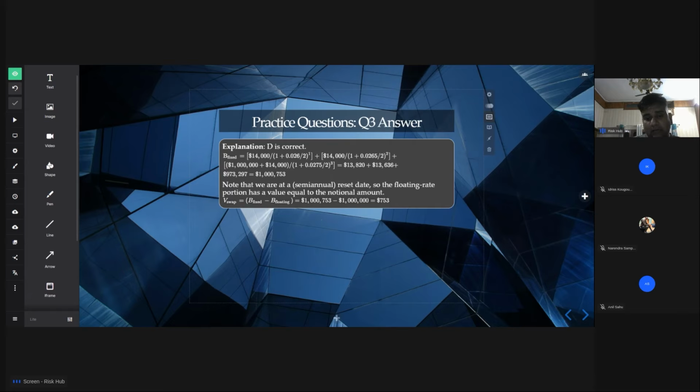In my calculation, the mistake was that I missed out on this part: 1 power, 2 power, 3 power. Rest I did the same. I divided by 1.006 divided by 2, 1.0265 divided by 2, 1.207 divided by 2. The power 1, power 2, power 3 was missing. That's why the value came out differently, right?